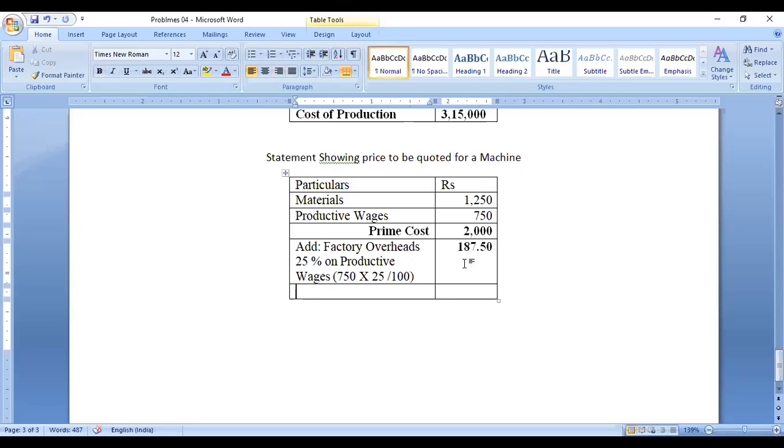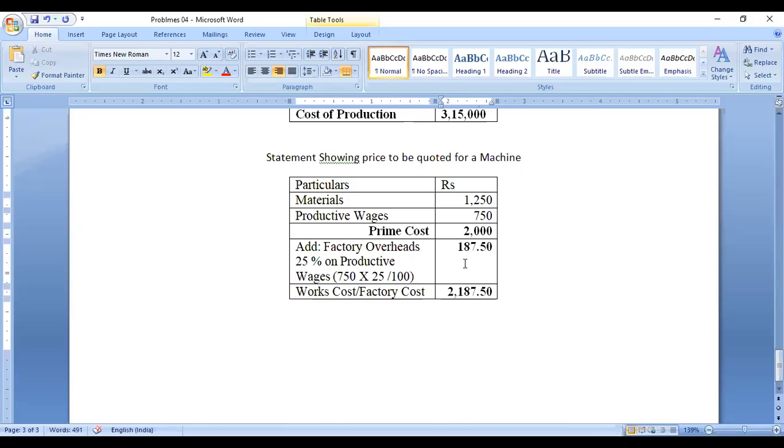After adding the prime cost to the factory overheads, that amount is called works cost, or the other name used interchangeably, factory cost. So if you put together, it is 2,187.50. This is called work cost or factory cost.